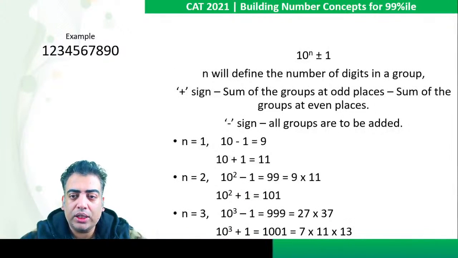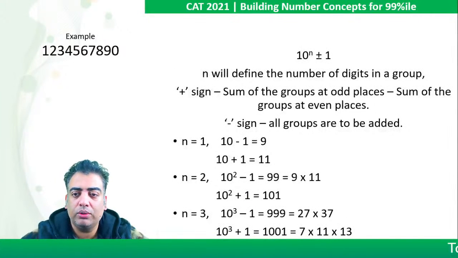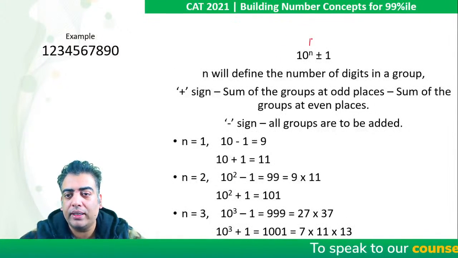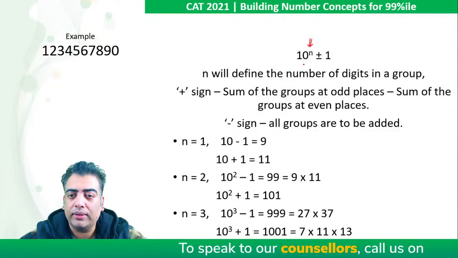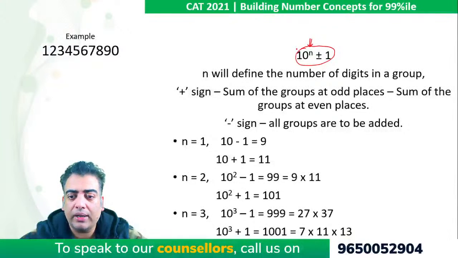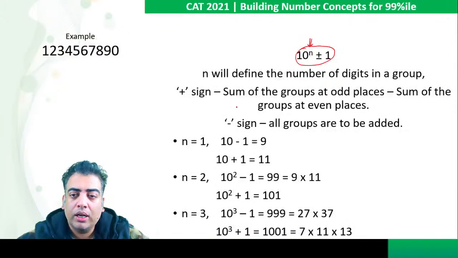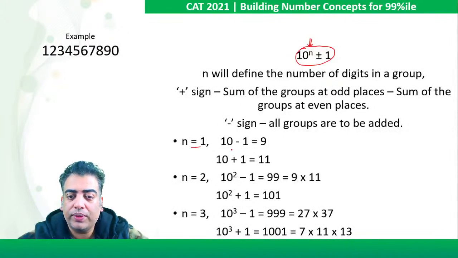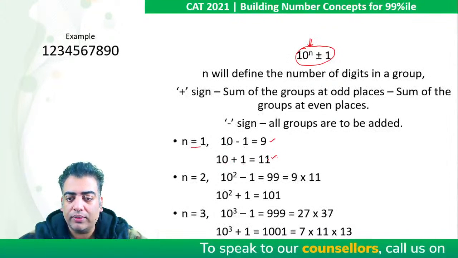Now we can generate many more divisibility rules for the numbers of the form 10 raised to the power n plus minus 1. This set of numbers is again very important. All right. They will give me more divisibility rules for the given number. When n is 1, we will get either 10 minus 1 or 10 plus 1, which is 9 and 11.